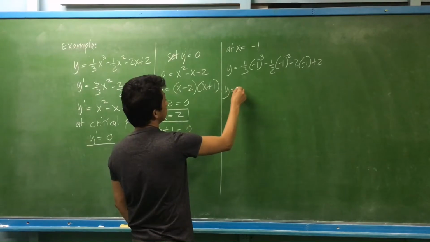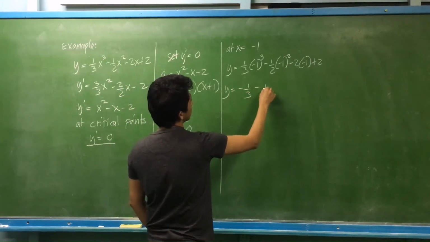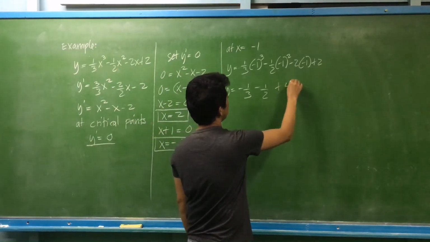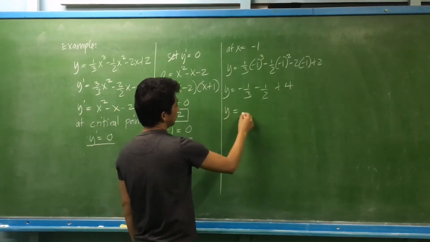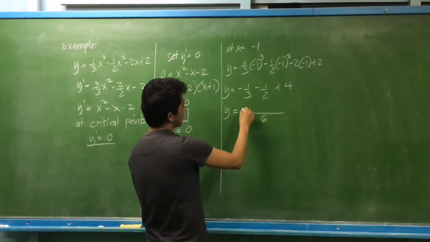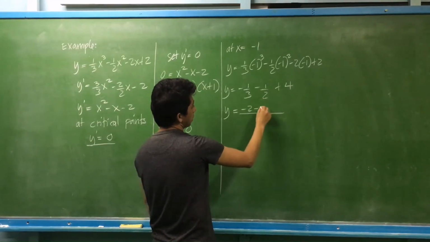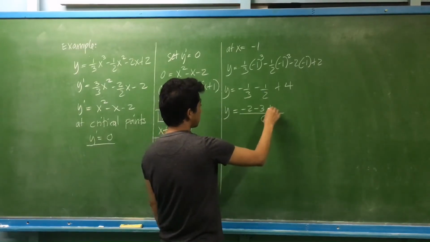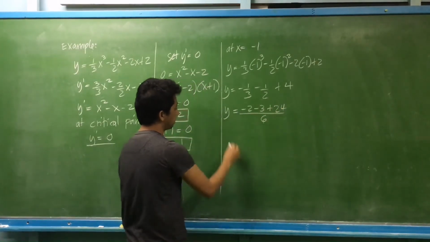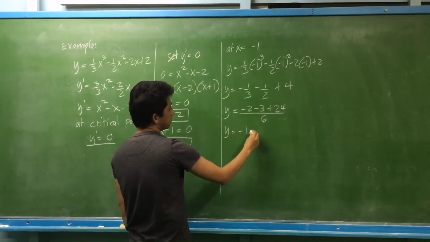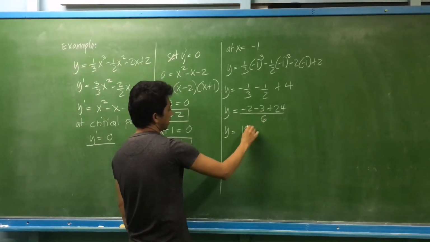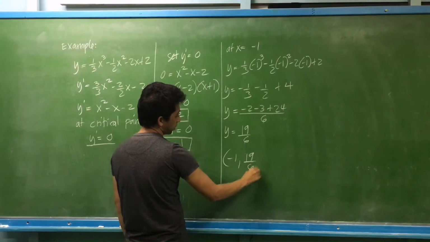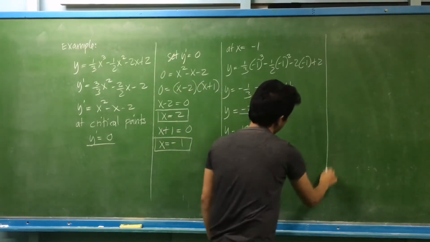So y is equal to negative 1/3 minus 1/2, plus 2 plus 2, which is 4. Using 6 as the common denominator, we have negative 2 minus 3 plus 24, so negative 5 plus 24, and y is equal to positive 19/6. So one of the points is negative 1, 19/6.